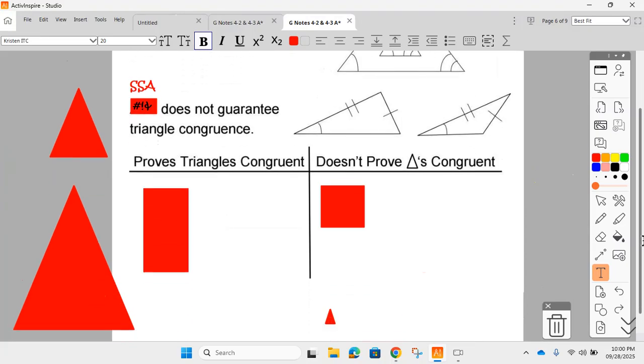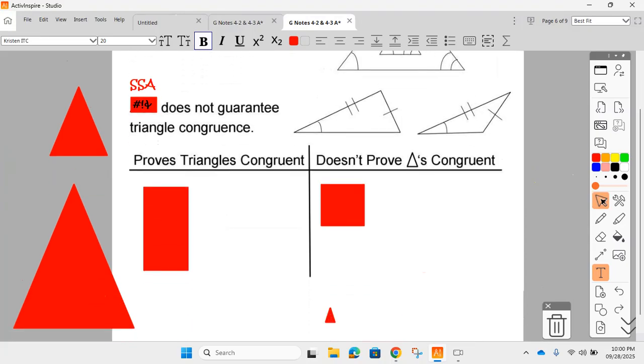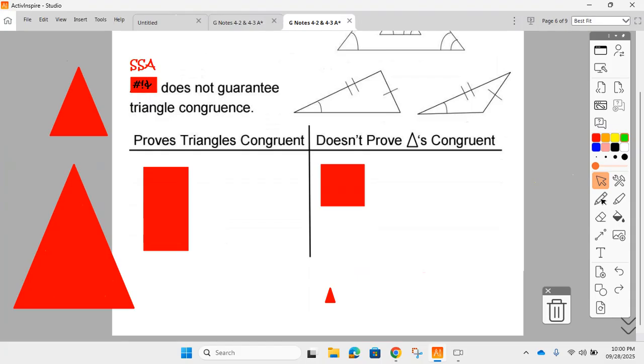You have to remember which set of three corresponding parts will prove that triangles are congruent, right? So we learned that side, side, side, all three sides congruent, yes, the triangles are congruent. Two sides and an included angle, so the angle in between them.